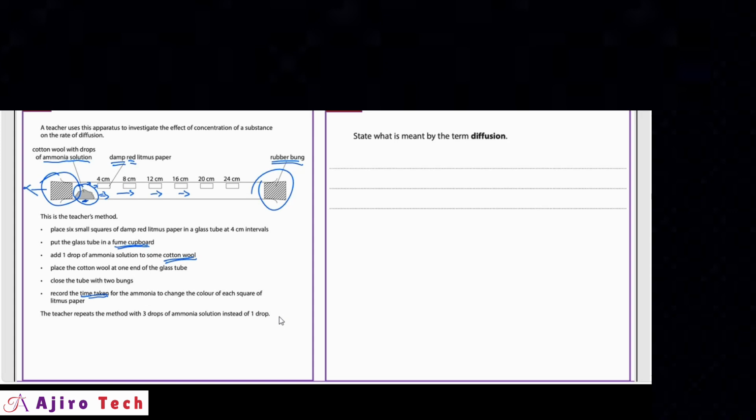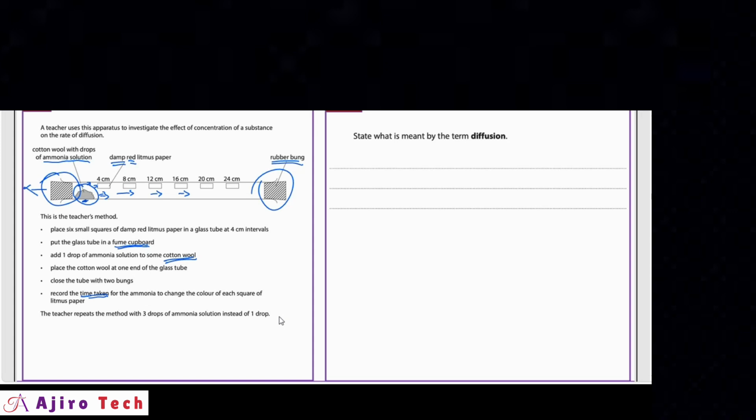The color will change from red litmus paper to blue, and if it is another substance and not ammonia that is here, for example an acid, it will change blue litmus paper red. So that is what we are looking at here. So now, the time it will take for this color to change from red to blue.